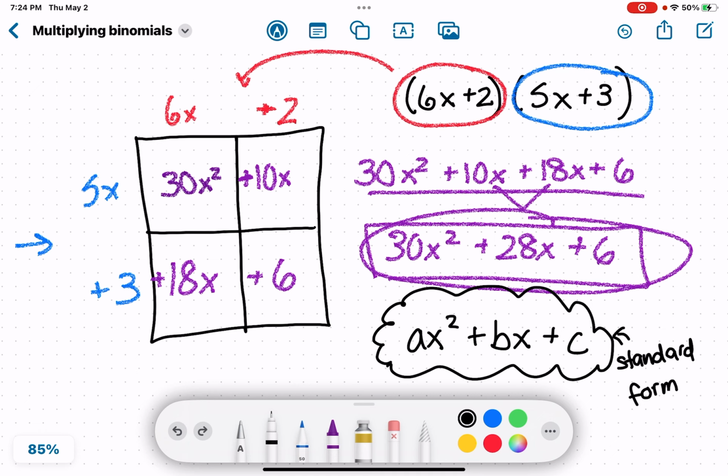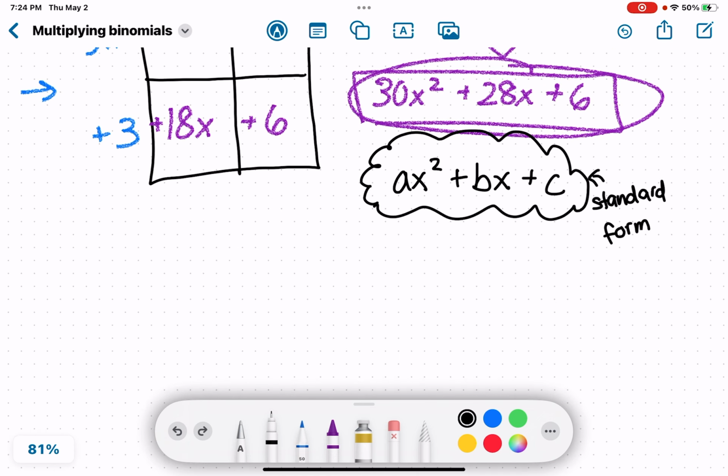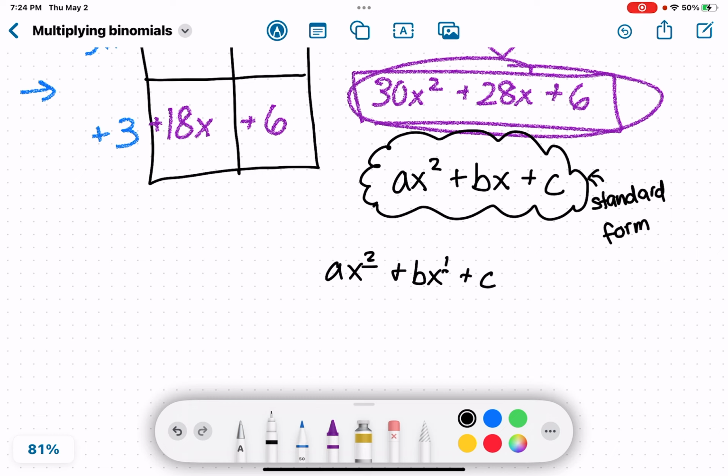So ax squared plus bx plus c, right? Ax squared has x to the power of 2, plus bx, x is now to the power of 1, but you don't usually write the 1. It's kind of invisible, but it's there. And that's c times x to the 0, because anything to the power of 0 is 1, and c times 1 is c. So this is one example of standard form.